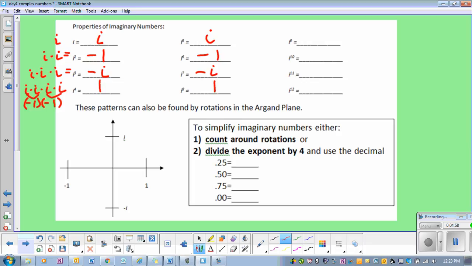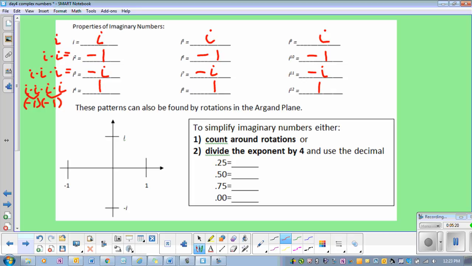What about i to the 9th? i. i to the 10th, negative 1, i to the 11th, negative i, and then i to the 12th? 1.